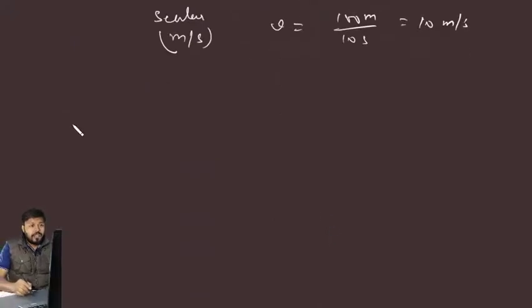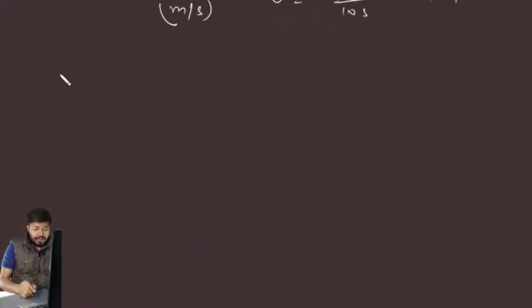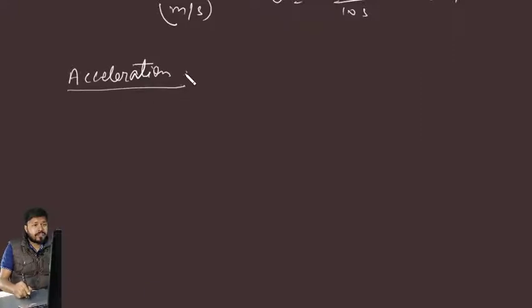Velocity is a vector quantity and speed is a scalar quantity. All right. Next variable we will be talking about is acceleration. What is acceleration? Generally represented as a or f. These two representations are used in physics. So acceleration is given as the rate of change of velocity.